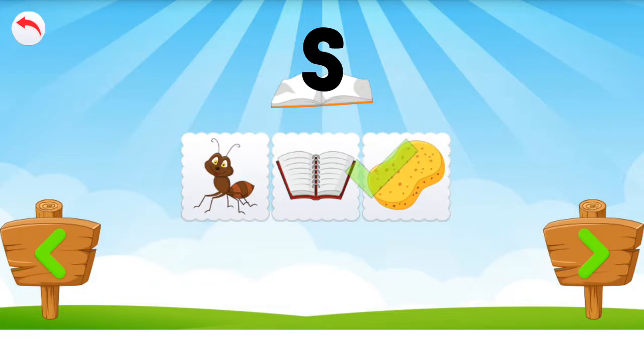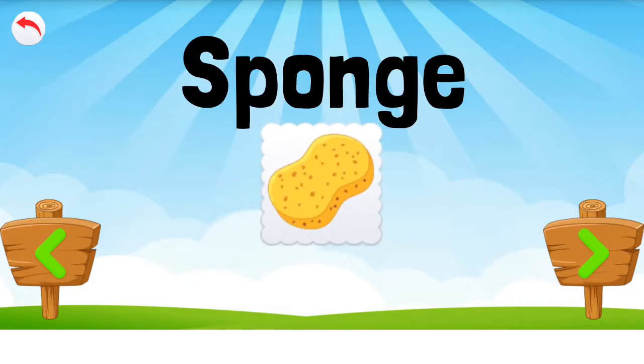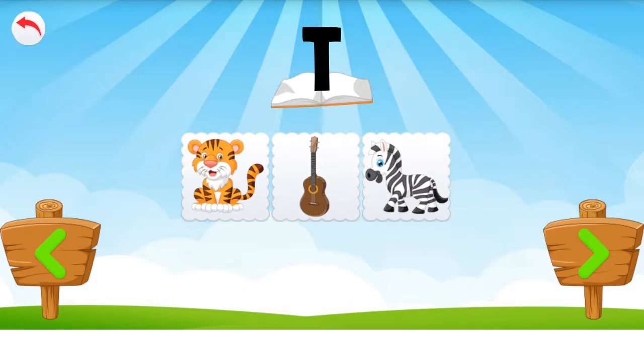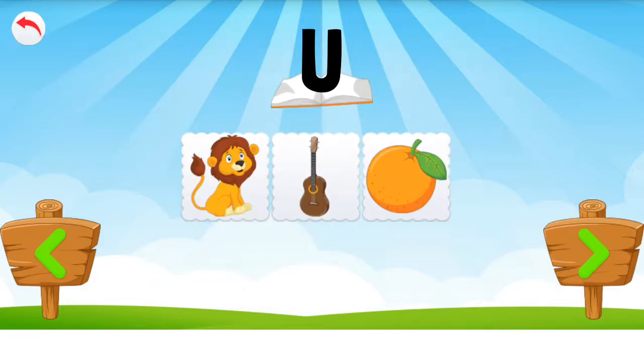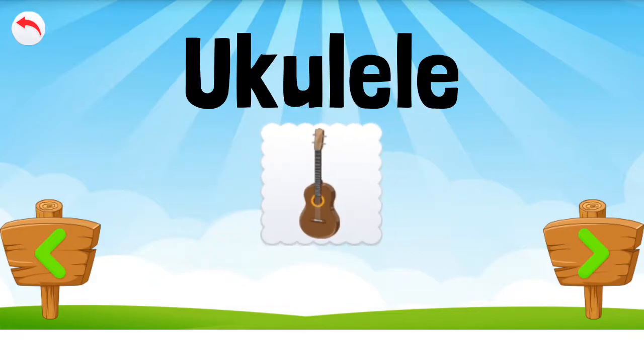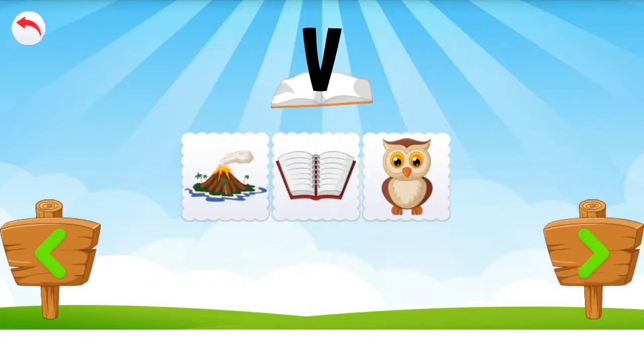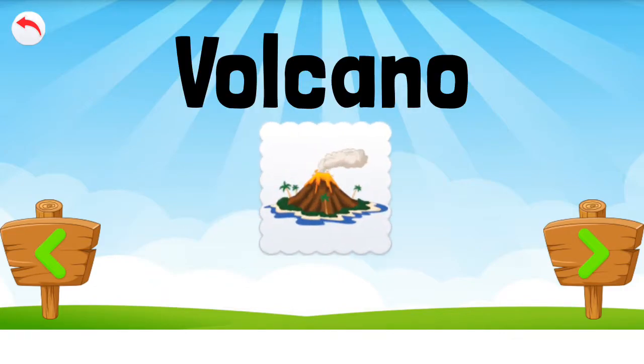Good for you! S is for sponge. Way to go! T is for tiger. Good for you! U is for ukulele. Try again. Good thinking. V is for volcano.